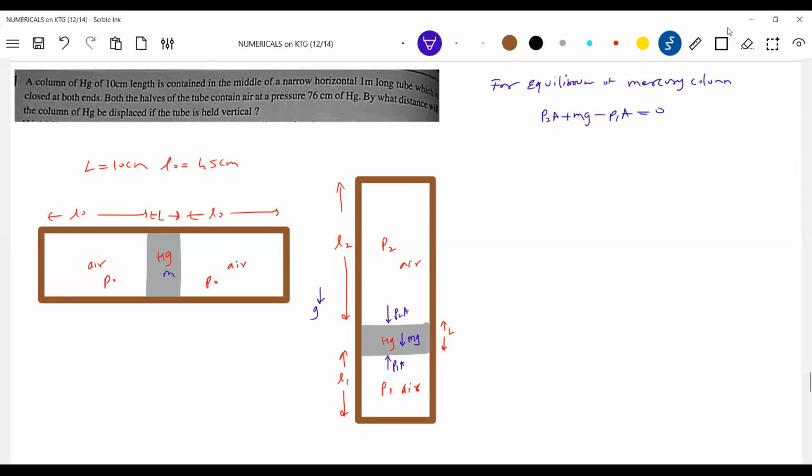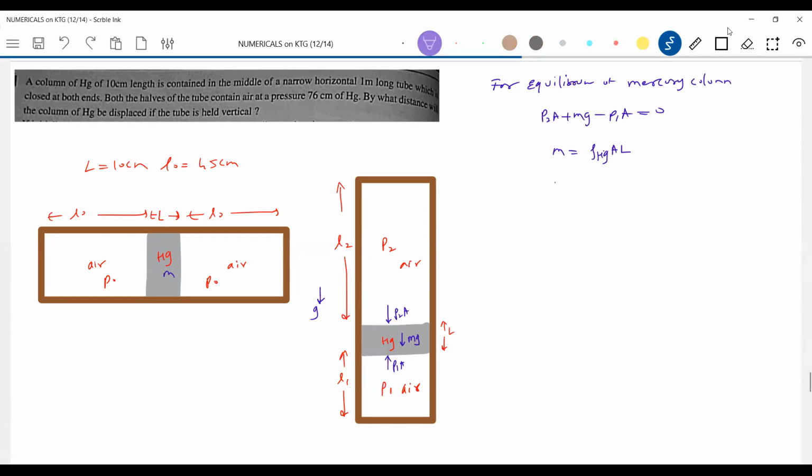What is M? Density of mercury into volume. So M is equal to density of mercury into area into length L. What is being asked? By what distance will the column of mercury be displaced? I think we should calculate either L2 or L1.